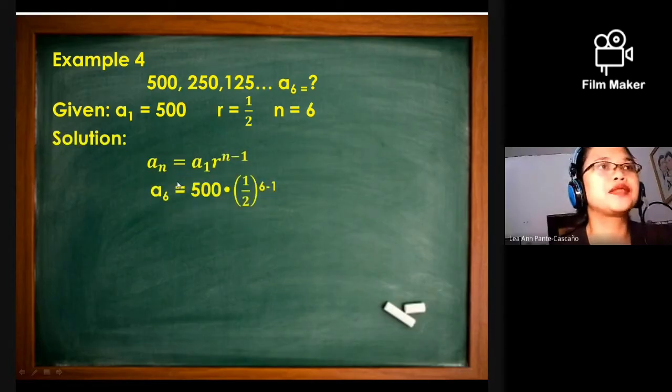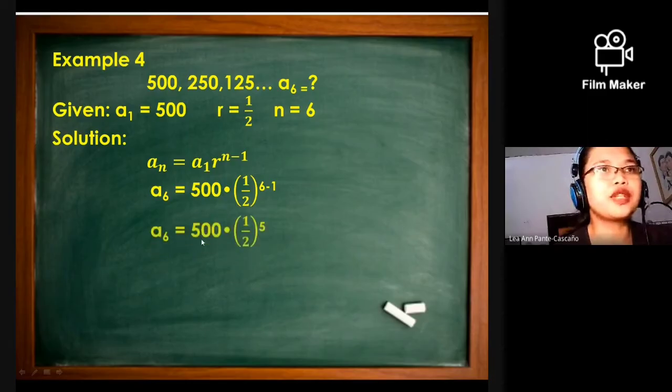Substitute to the formula. A sub 6 is the unknown. First term is 500. 1 half is the common ratio. Number of terms is 6 minus 1. Simplify po muna natin yung exponent. So that is 6 minus 1. Bring down 500.